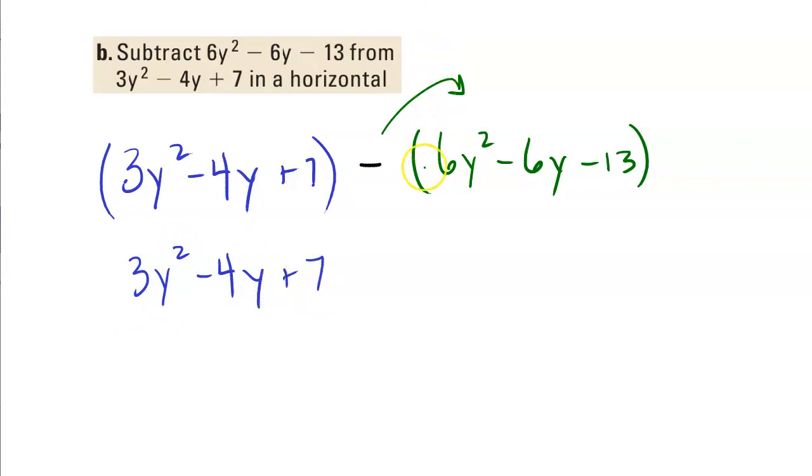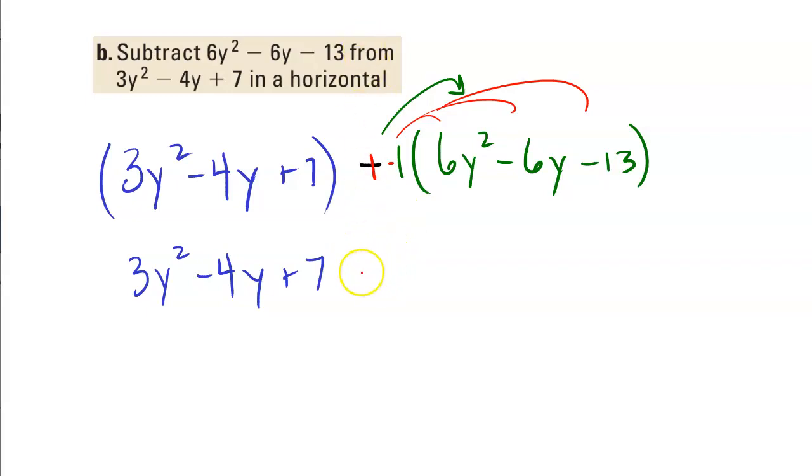But then I'm going to have, if I distribute this negative right here, really there's a 1 in front of this, right? Because I'm subtracting and there's a 1 there. And what I can do is I can always take subtraction and change it to addition. So I can take this and say plus, really this is a negative 1 here. I'm taking this negative 1 and I'm going to distribute it amongst the three terms inside that parentheses.